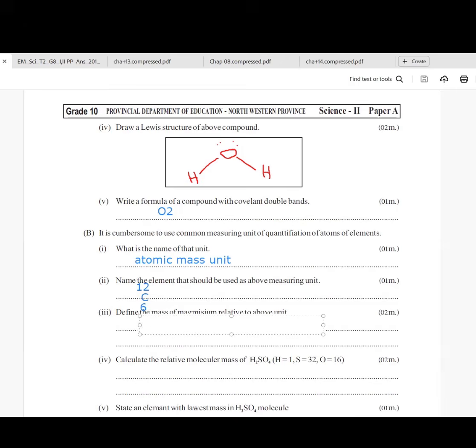Then the relative atomic mass of magnesium is equal to the mass of a magnesium atom divided by the atomic mass unit.